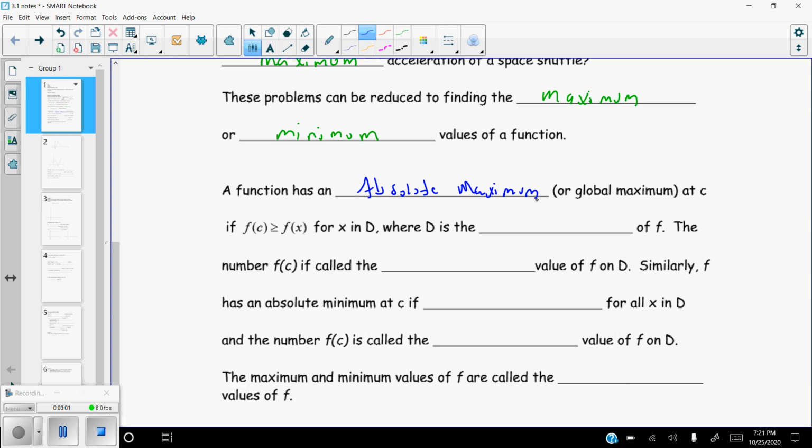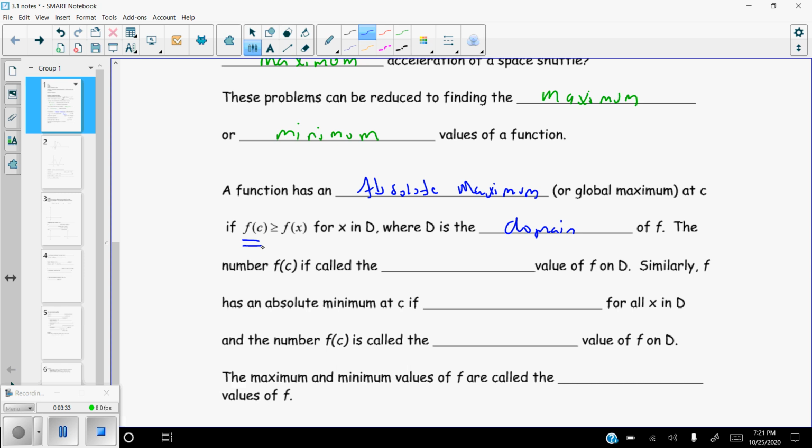So a function is going to have this thing called an absolute maximum at C if f of C is greater than or equal to f of x for x in D, where D is the domain of f. Okay, so we're going to stop right there and think about that for a second. f of C is a y value evaluated at C. This is saying that the y value at our x value of C has to be greater than or equal to all other y values, f of x, on the function.